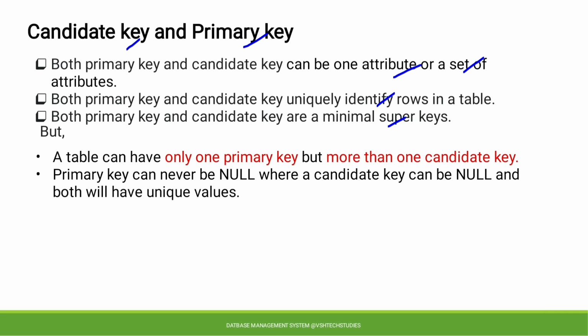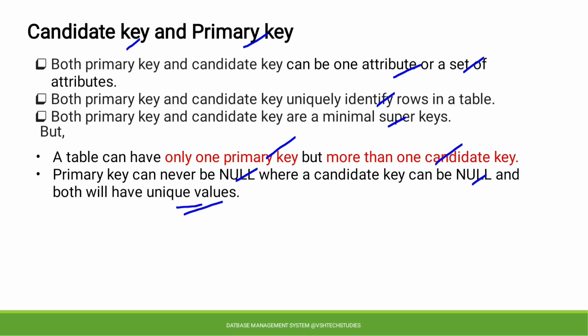But what is the difference between the two is a table can have only one primary key, but a table can have more than one candidate keys. That is first point. Primary key can never be null, whereas candidate key can be null. Both have unique values.